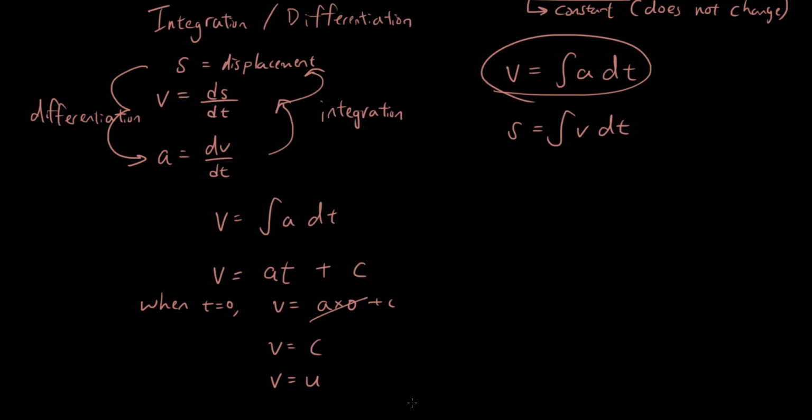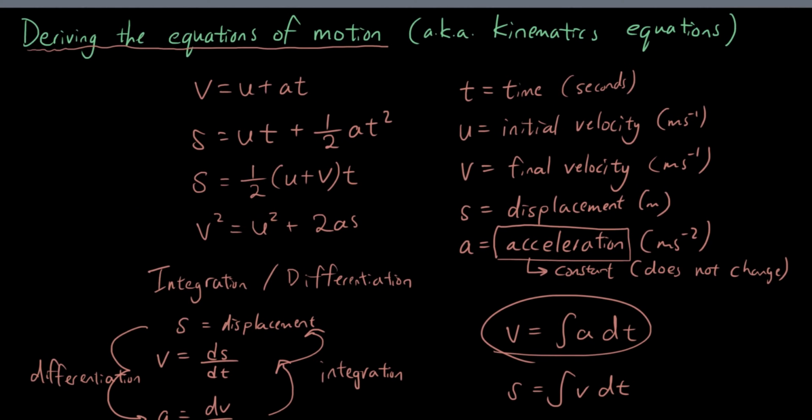I can represent the symbol c with the letter u, so v is equal to at plus u, and that is my first equation. So I've now proved this equation, v equals u plus at.